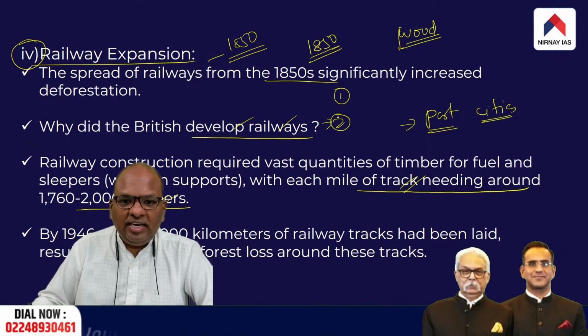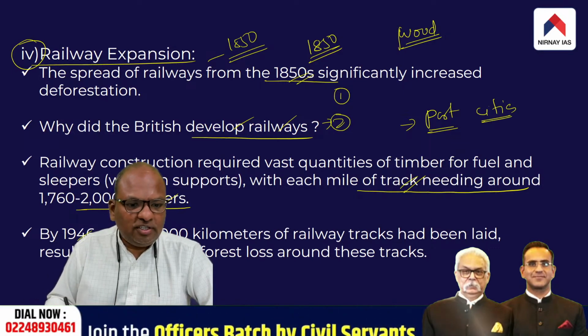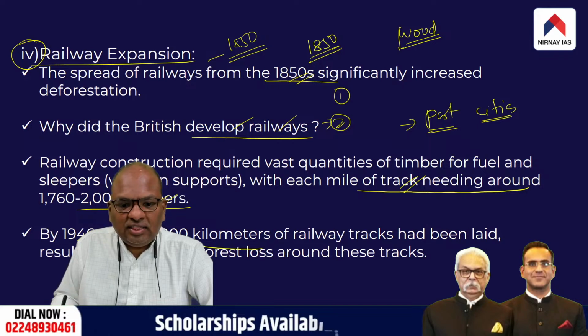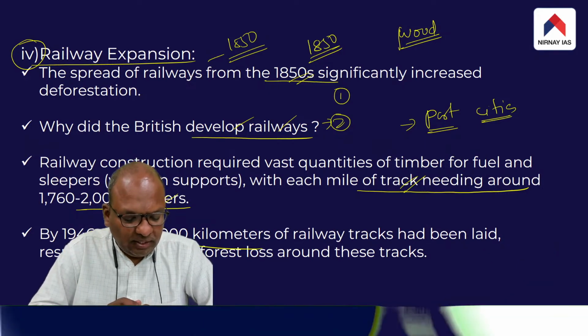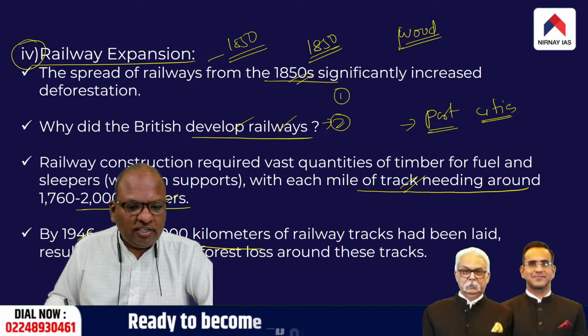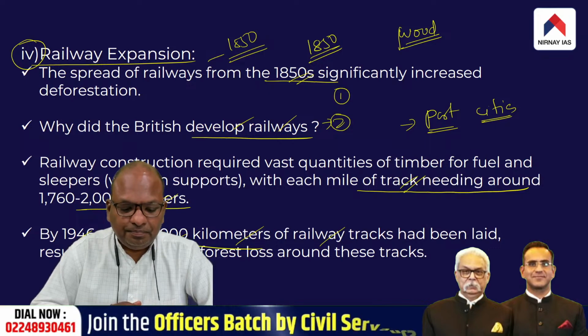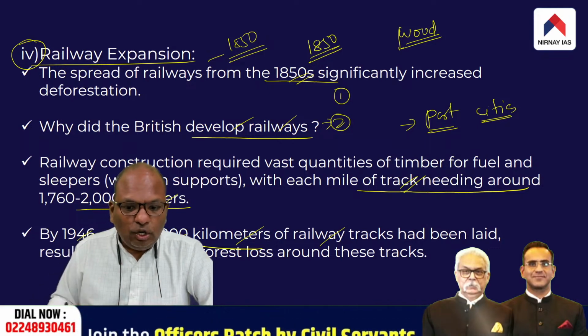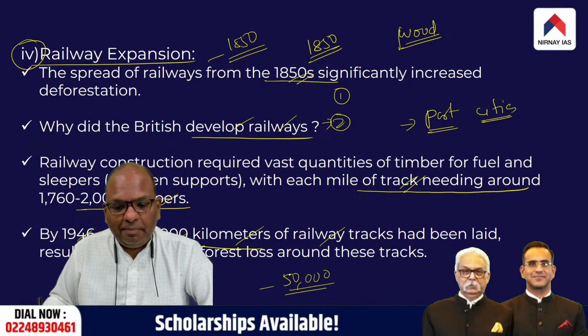In 1850, the construction of railways began, and by 1946, over 50,000 kilometers of railway tracks had been laid. As a result, what happened?